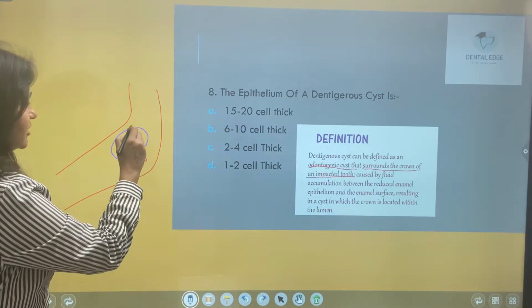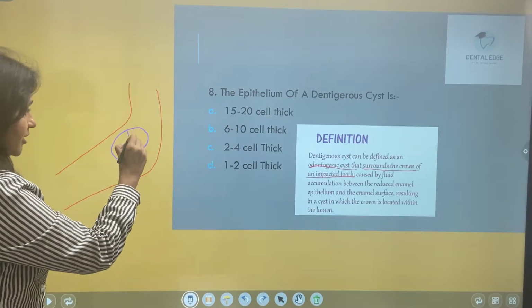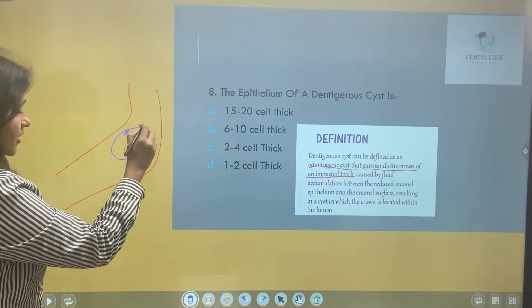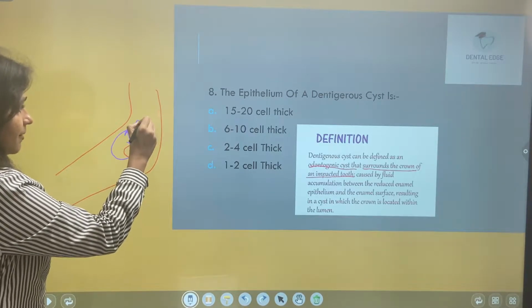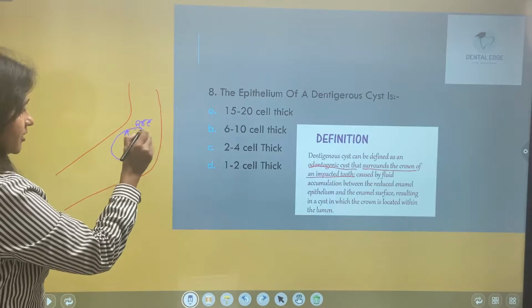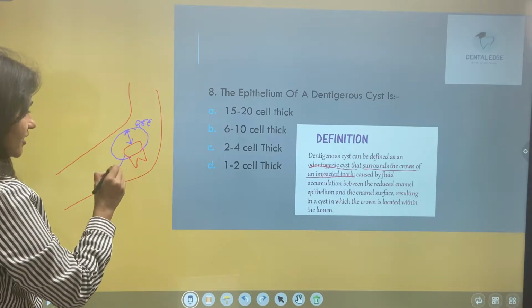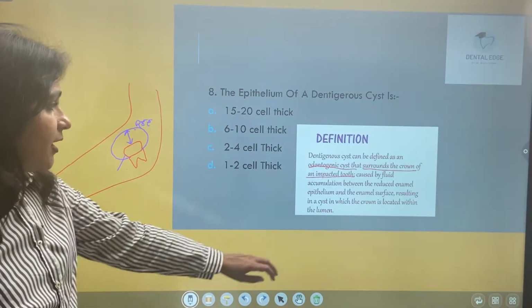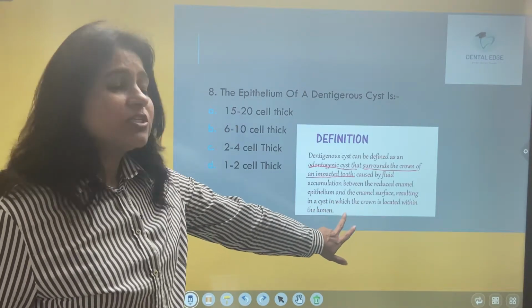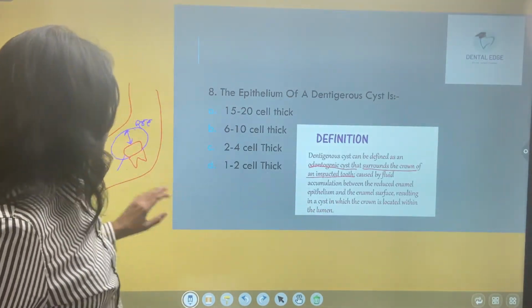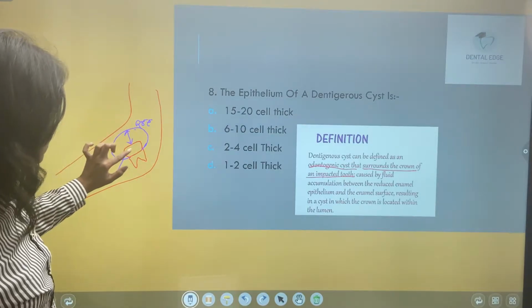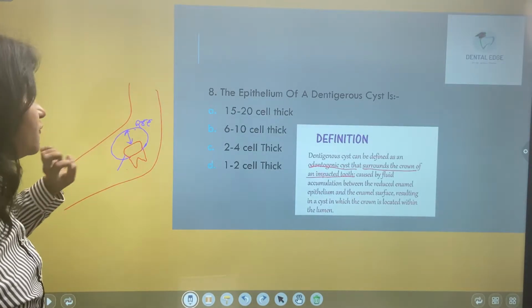So why is this cyst formed? There is fluid accumulation between the reduced enamel epithelium and the enamel surface, resulting in a cyst in which the crown is located within the lumen.